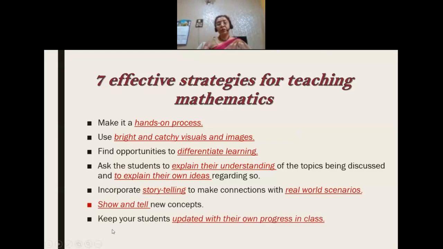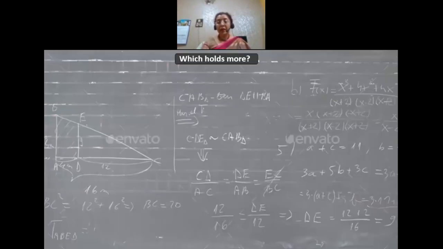And at the end of the class, they must be updated on what new they have learned. So hands-on is for the kinesthetic learners, catchy examples for the visual learners, storytelling for the auditory learners, and explaining for the read and write learners. So all the types of learners will be benefited.